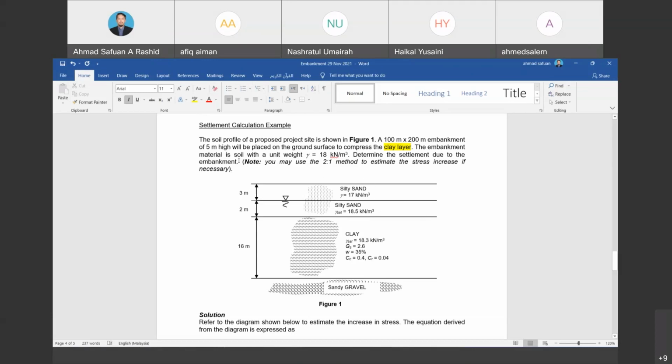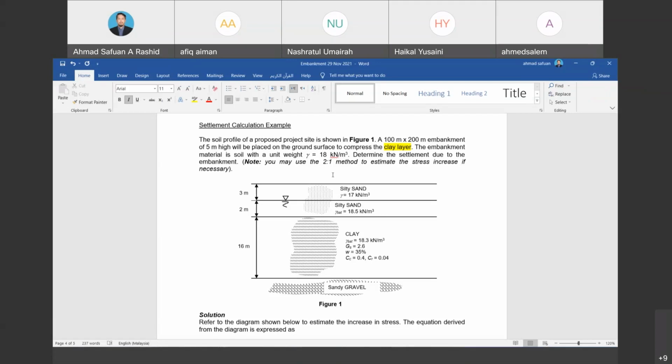Unless, before we carry out the construction, we need to remove a certain height of material on top of the ground level.